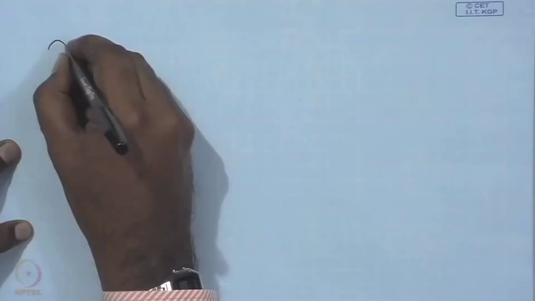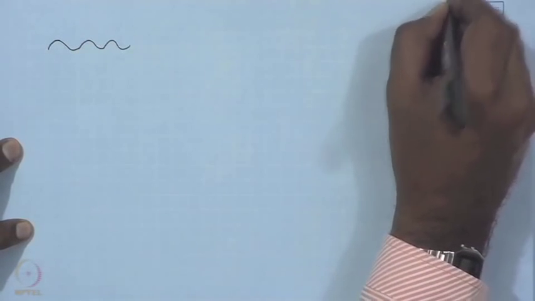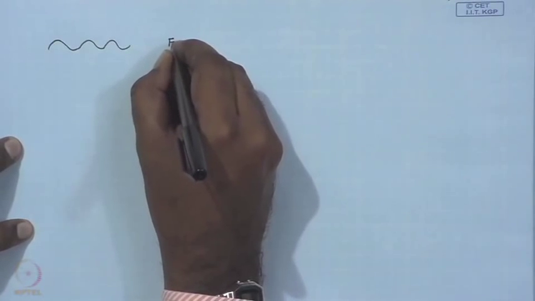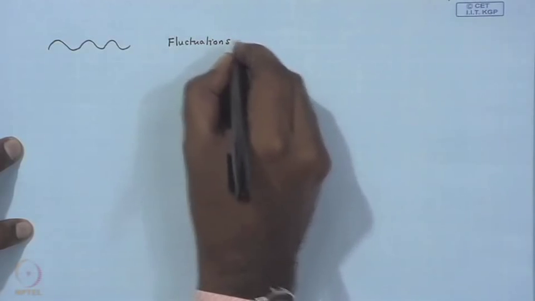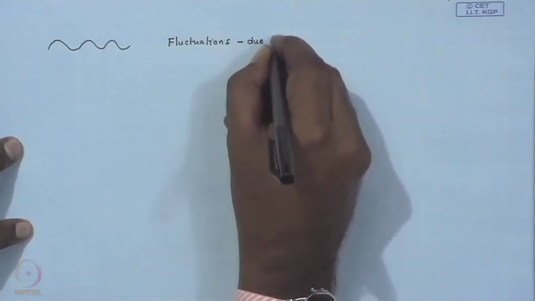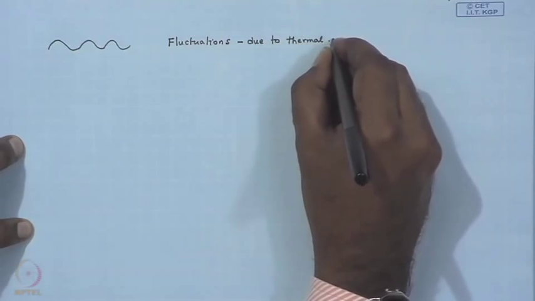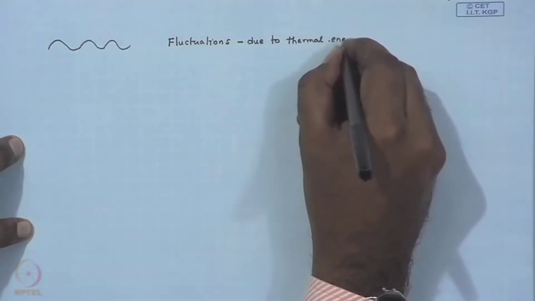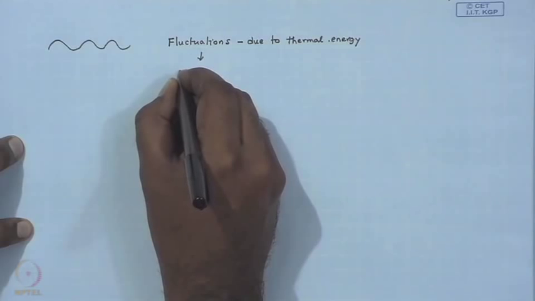Let me just introduce you to one more terminology. So, the occurrence of this fluctuation is due to thermal oscillation or thermal energy, and the growth of the fluctuation is opposed.